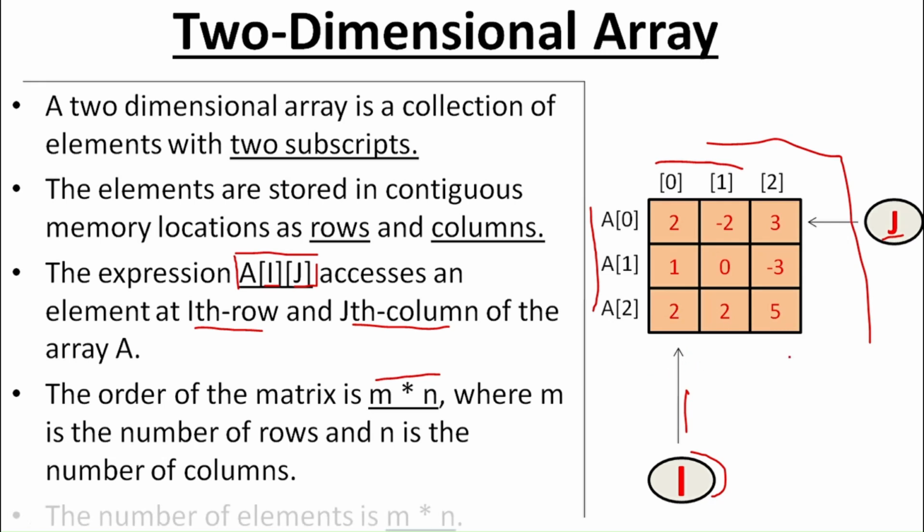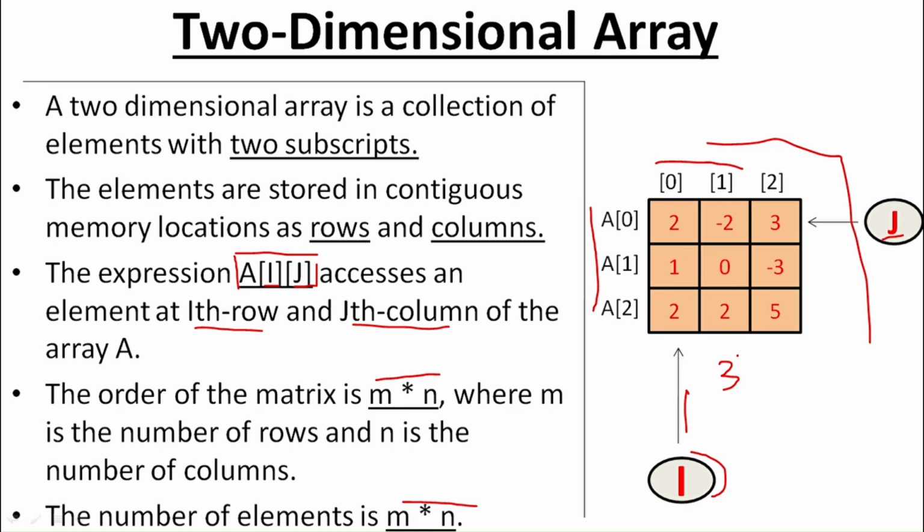And the last one is the number of elements, which is m into n. Suppose I want to find how many elements I can place in this two-dimensional array. We will use this formula m into n. As you all know, m is the number of rows while n is the number of columns. I will show you with this example.